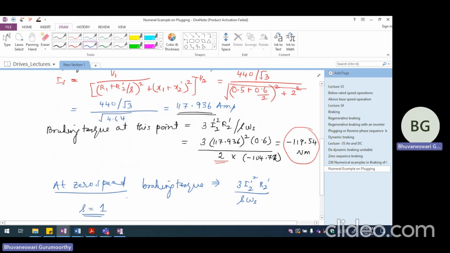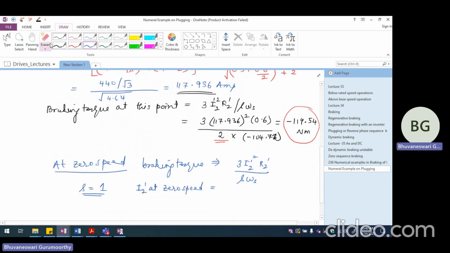So we should be able to calculate I2 dash at zero speed condition. We can calculate this value as 440 divided by root 3 divided by the square root of R1 plus R2 dash, which is 0.5 plus 0.6 divided by S, and S is 1, so 0.5 plus 0.6 whole square plus 1 plus 1 whole square.